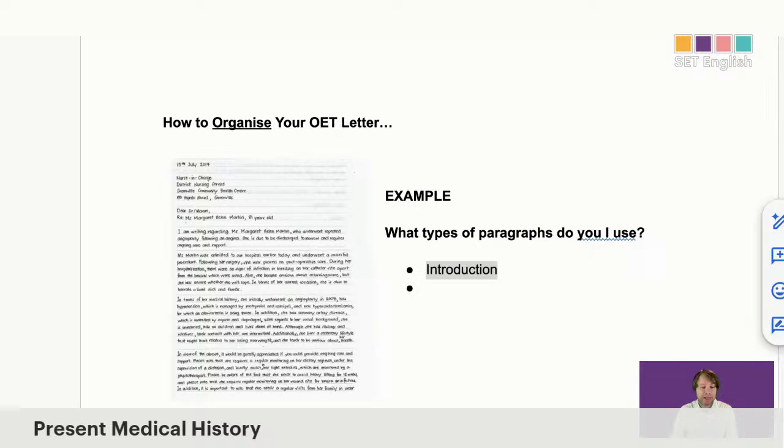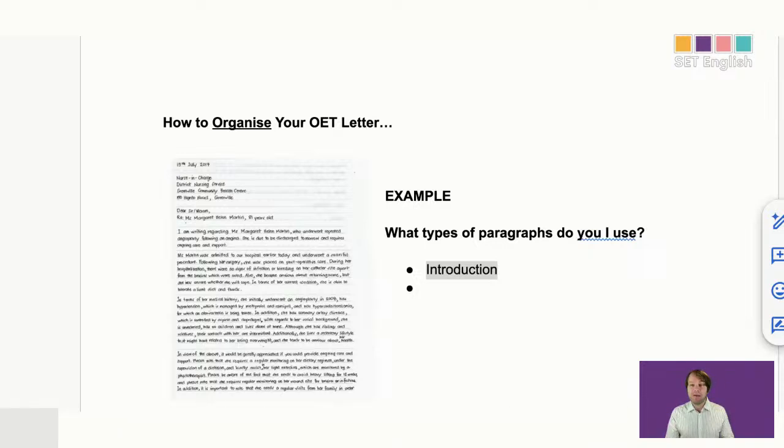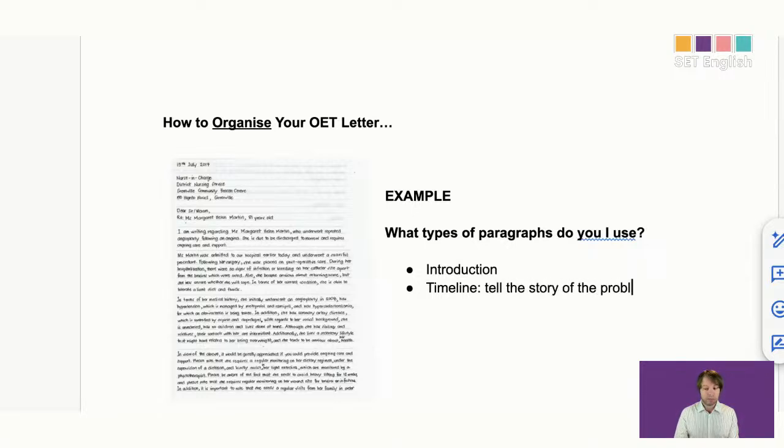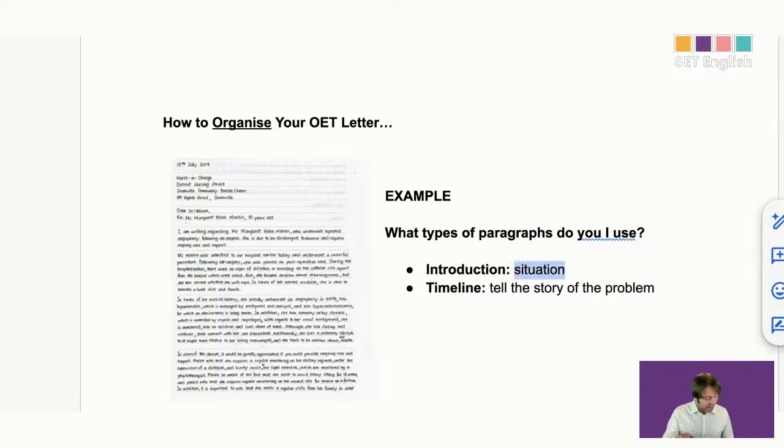I like these answers. Definitely timeline. There is something called a timeline paragraph. This is a paragraph where you would tell the story of the problem, so we talk in sequence. In the introduction paragraph, of course, we are going to talk about the situation. Someone here says purpose.